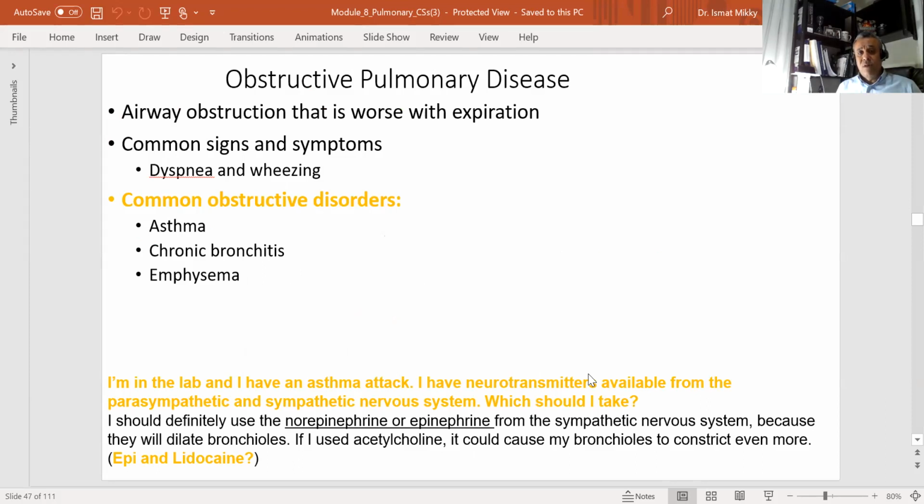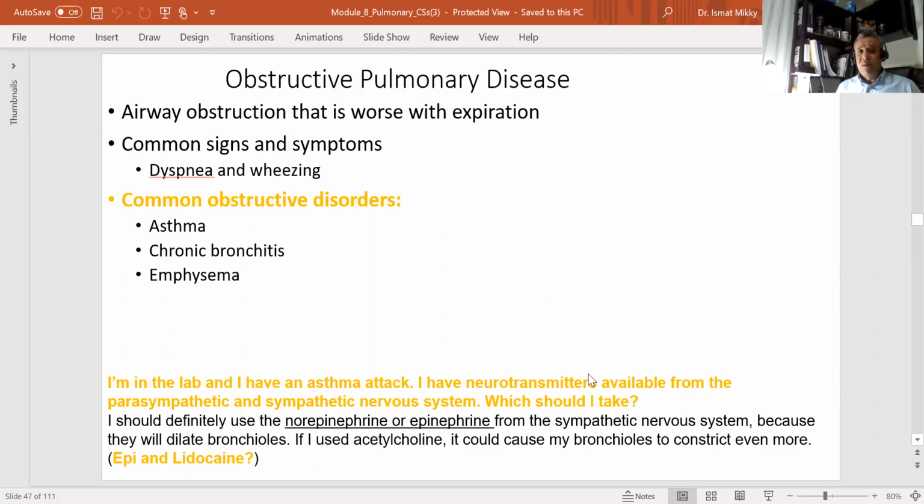Now, obstructive pulmonary disease, COPD. Under the obstructive pulmonary disease, we are going to cover asthma, chronic bronchitis, and emphysema. The chronic bronchitis and emphysema both can be listed under the COPD, but asthma is different.